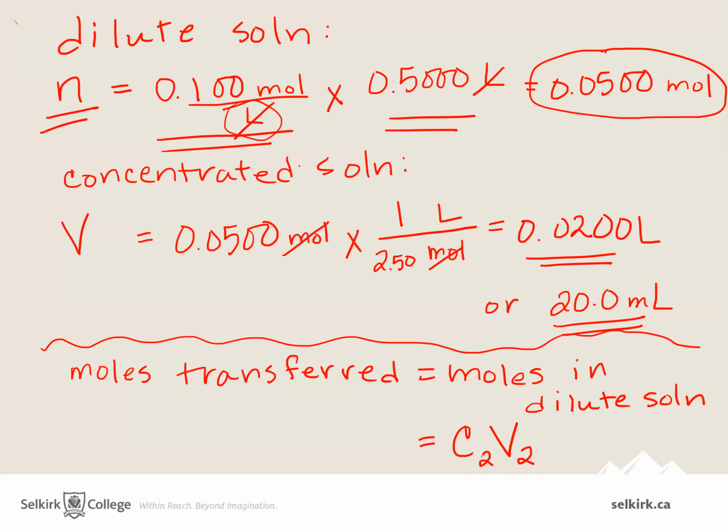Similarly, the moles transferred is concentration times volume from the original concentrated solution. So you may have seen a relationship like that before. Some books show it C1V1 equals C2V2. Other books show M1V1 equals M2V2, M for molarity instead of C for molarity, just depending on the book.